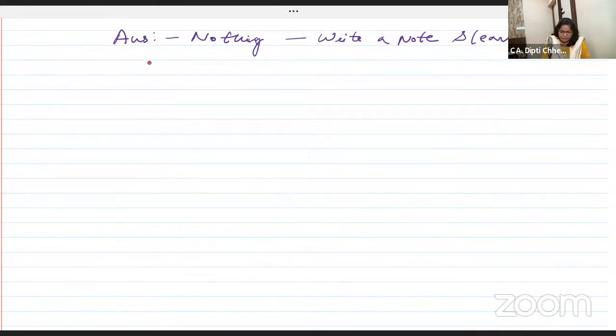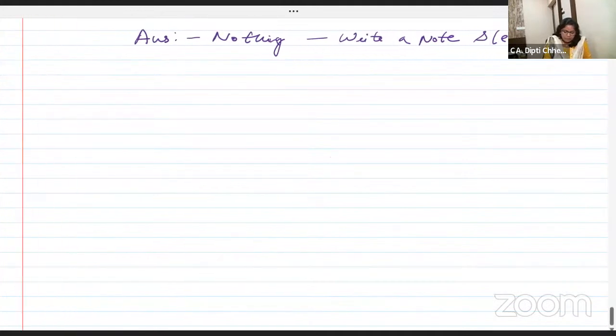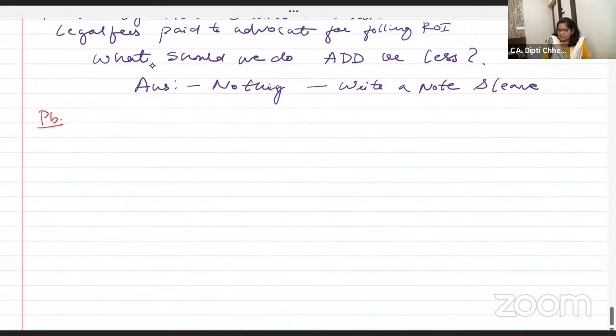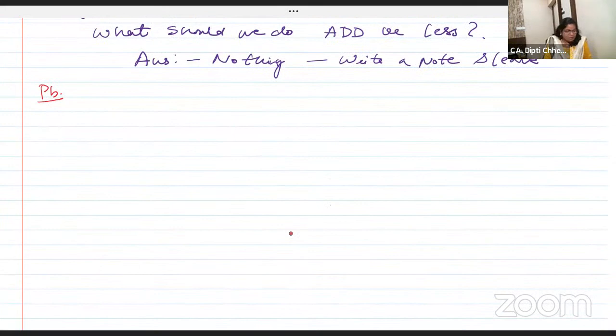This is a full add and less problem. 1 second. We are doing problem number 19. The adjustments, when I read, I will explain. Okay. Problem number 19. In the PDF, in the material, this is problem number 36, because so many examples have been done, scientific research and all.